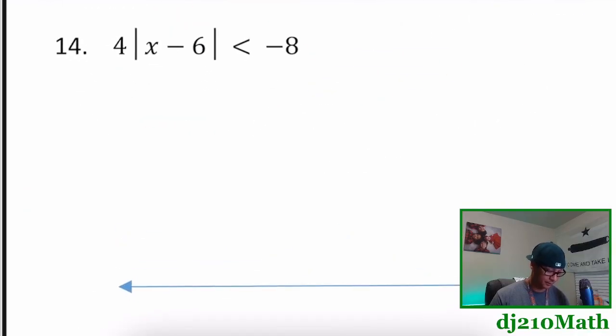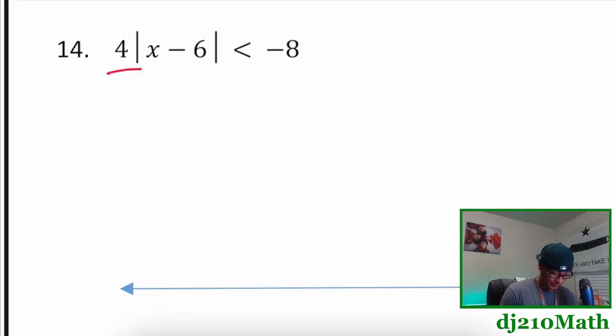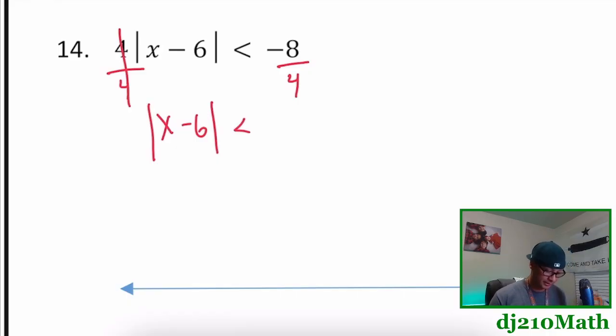Okay. 14. We're going to divide both sides by 4. So we get the absolute value of x minus 6 is less than -8 divided by 4, which is -2. So this is going to be, again, one of those situations.